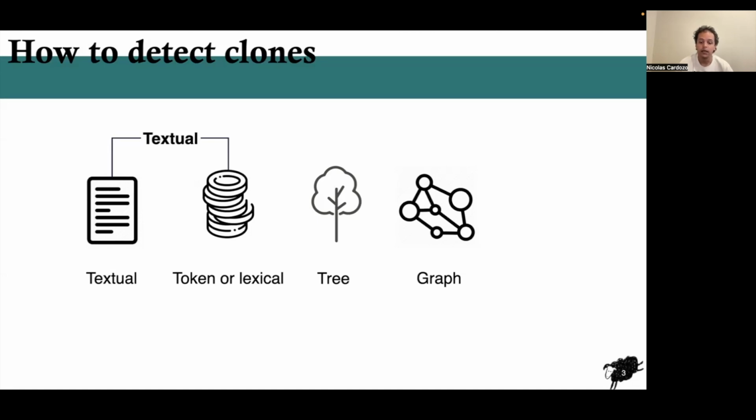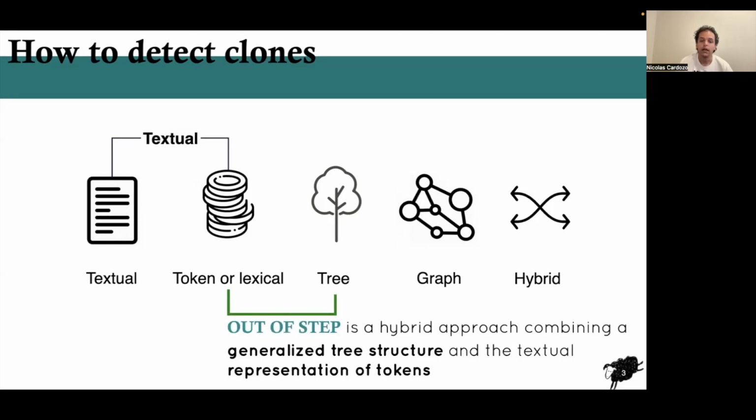Finally, and more recently, we have approaches that are hybrid and are based on 2 or more of these approaches. In particular, our approach, Step, is a hybrid approach combining a generalized tree structure with a tokenized version of the code.